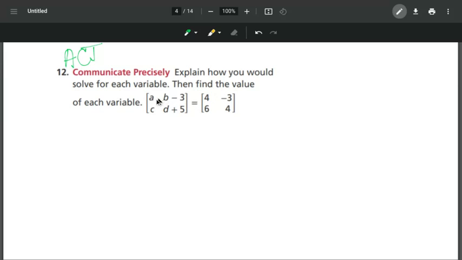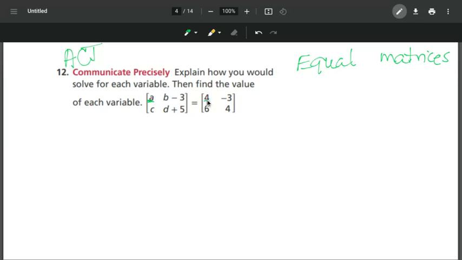And so what we have to do is we have to find the values of each variable. Well, if I have equal matrices, then each element is the same as the element in the other matrix in the corresponding position. So A is in row 1, column 1.